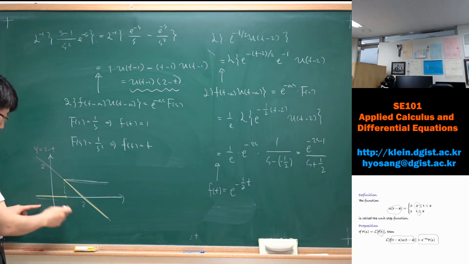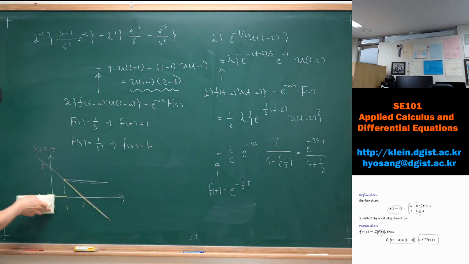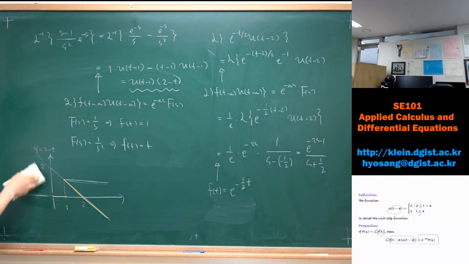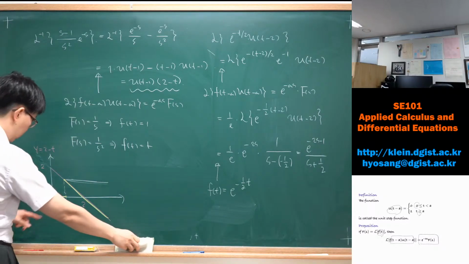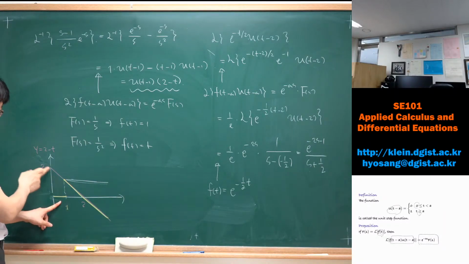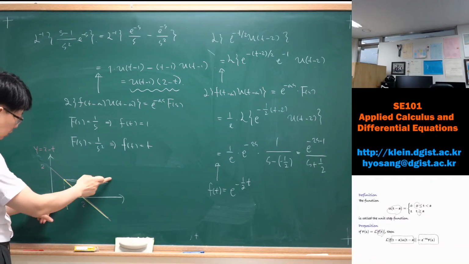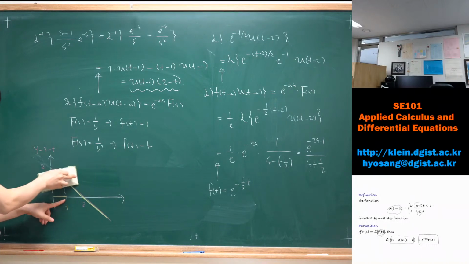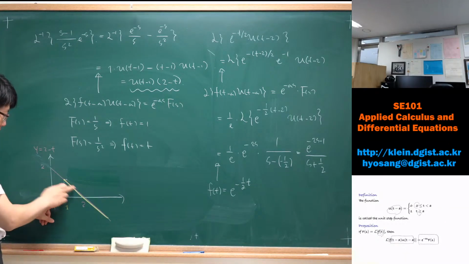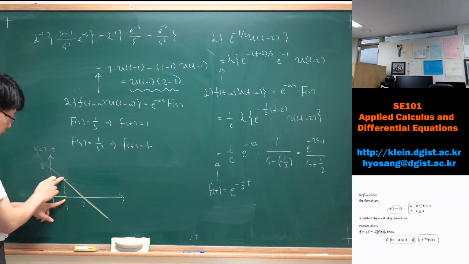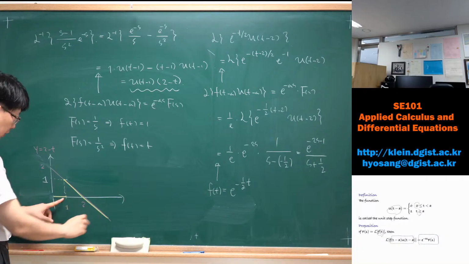I don't care about when t is negative, so let's erase this. When t is less than 1, it's always 0, no matter what the value of the red line is. But after 1, the step function is already 1, so I follow the graph of the red line exactly. So starting from 1, it decreases by slope 1.